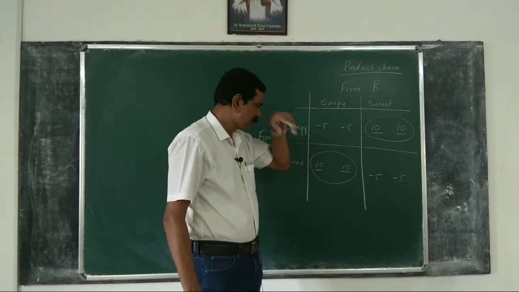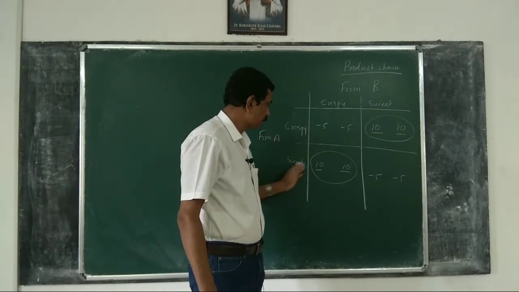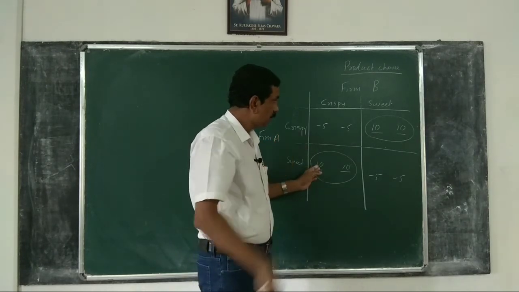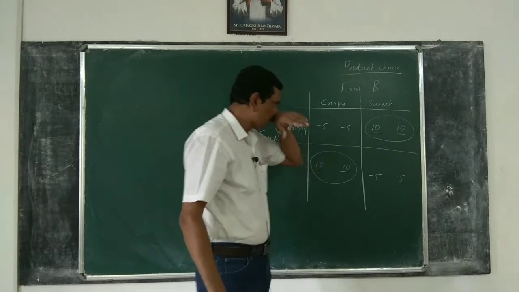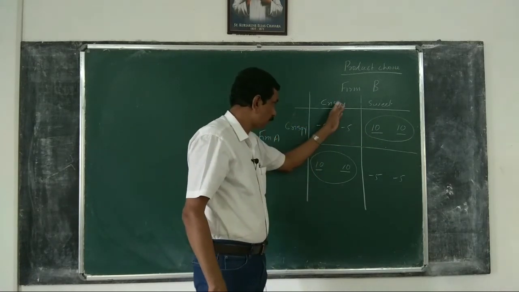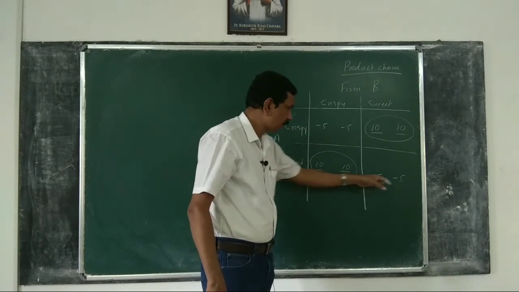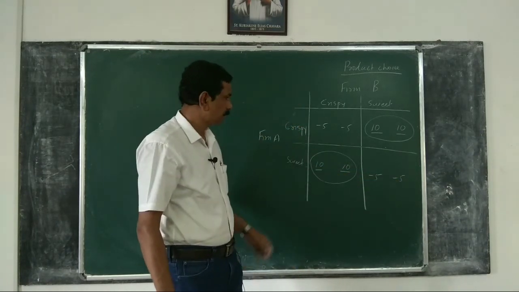For example, if A is producing sweets and B produces crispy, if it changes to sweet, it loses money, -5.